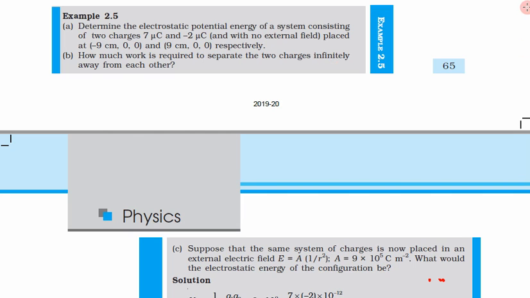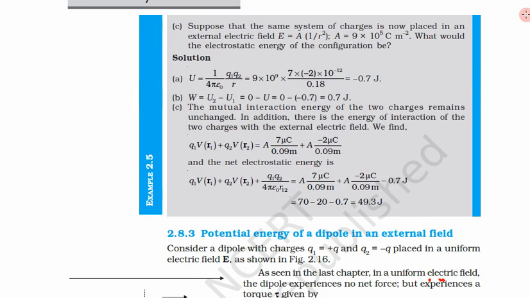And now let us move to the third question. Suppose that the same system of charges is now placed in an external electric field. This time we have an external electric field A by r square, where A is some constant. That means the field is there, but it is varying as 1 by r square.